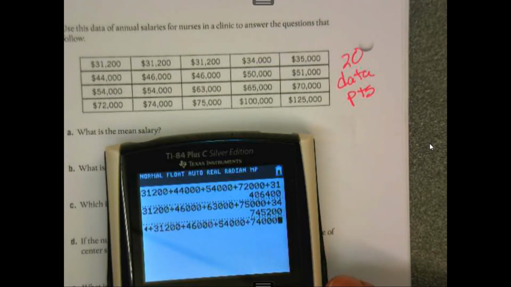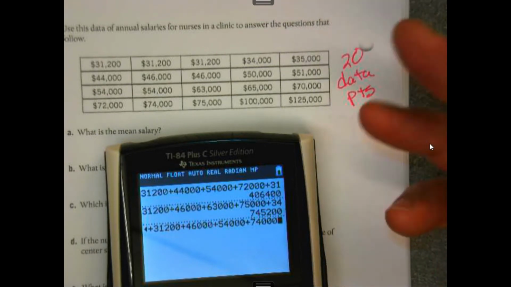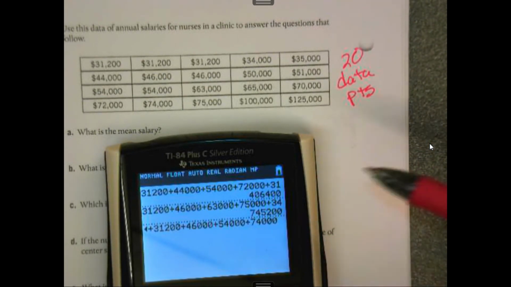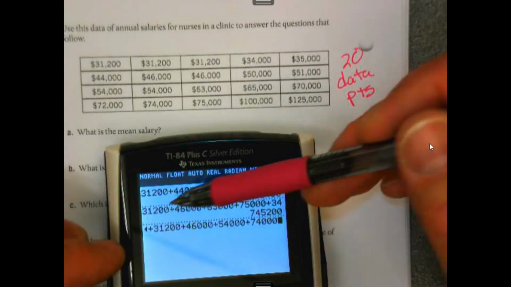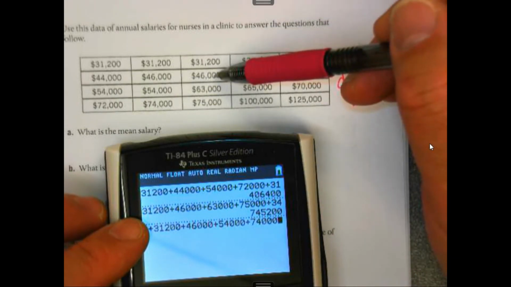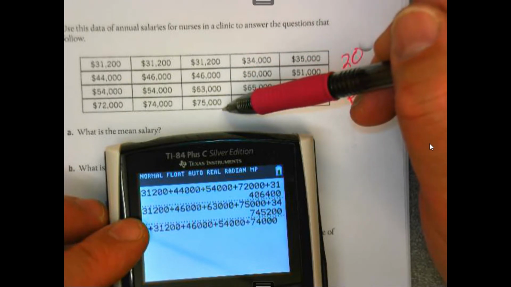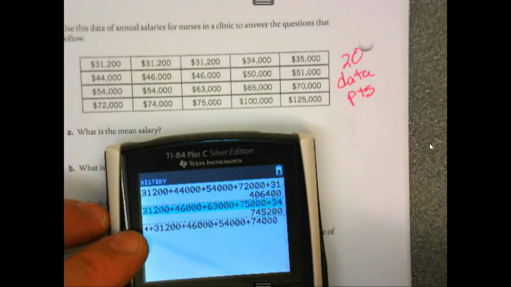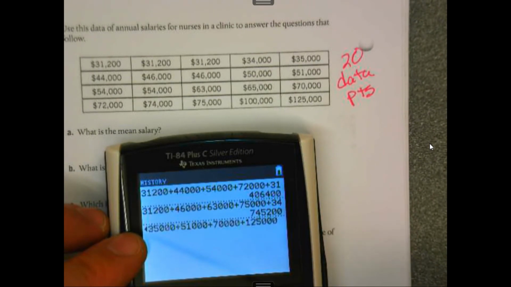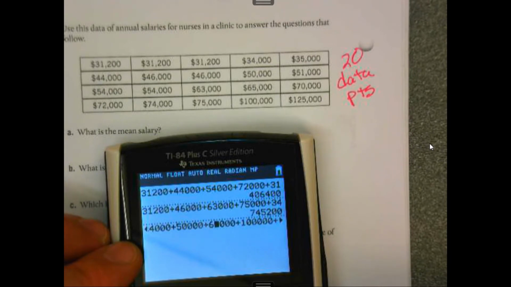I want to make sure that when I hit the enter button that I didn't miss one. 31,200, 46, 63, 75, and then 34. I want to make sure I capture that 34,000. And 31,200, 44, 34.